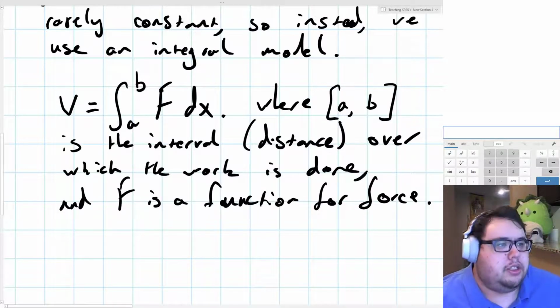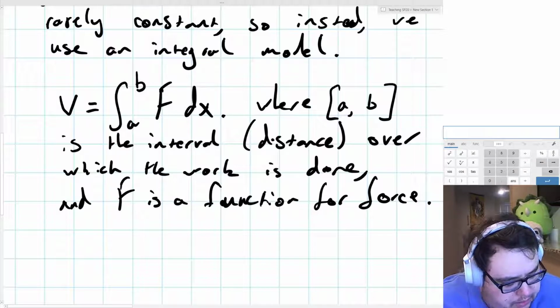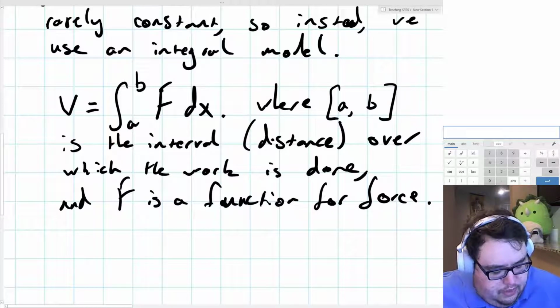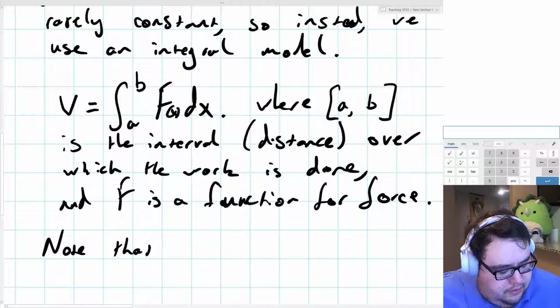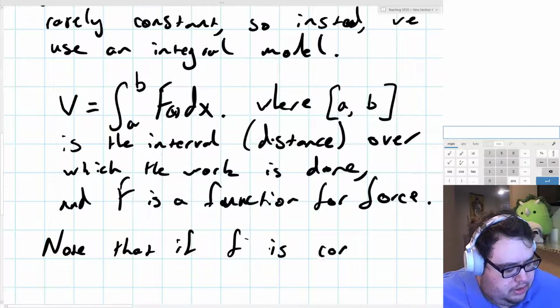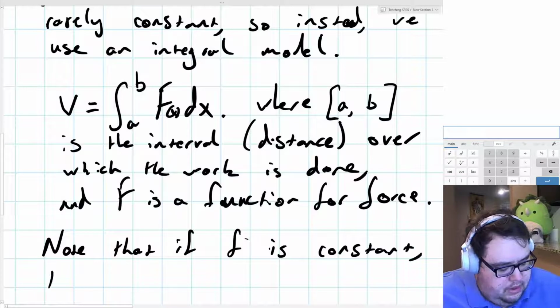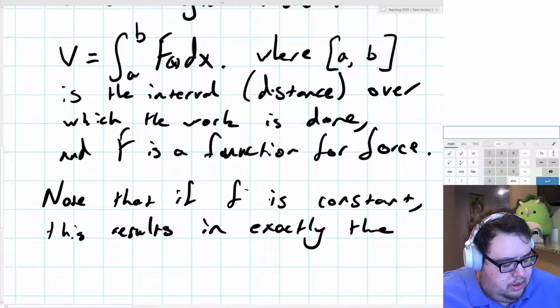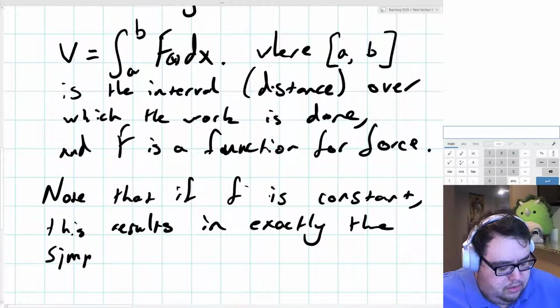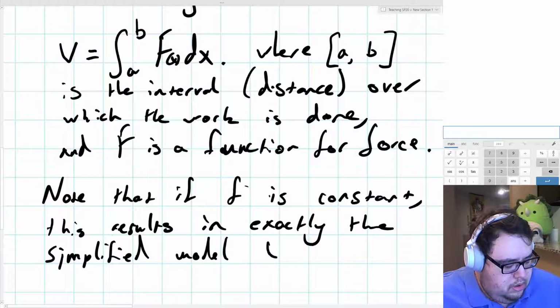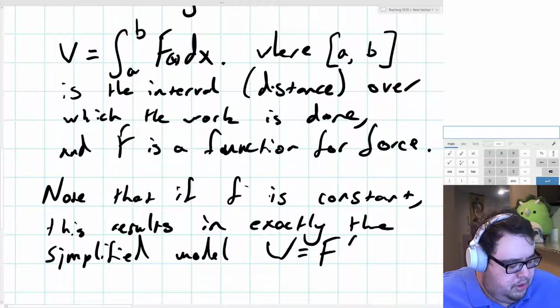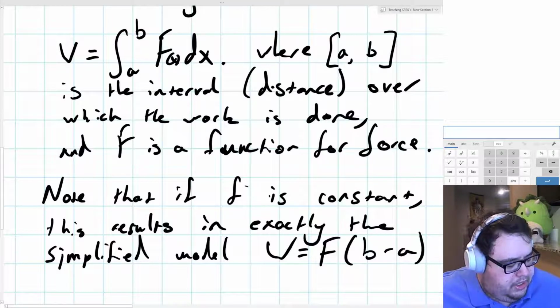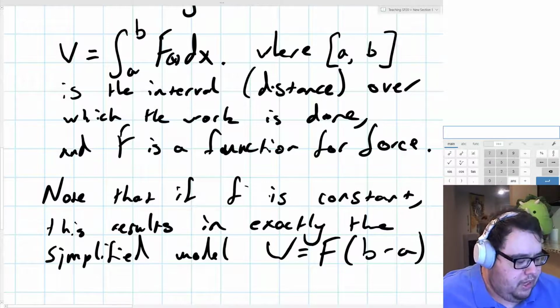Note that if f is constant, this results in exactly the simplified model: work is equal to f times b minus a, where b minus a is the width of this interval, a to b.